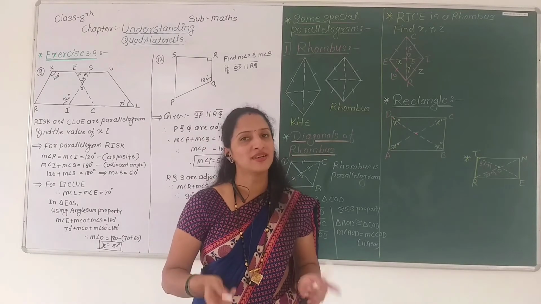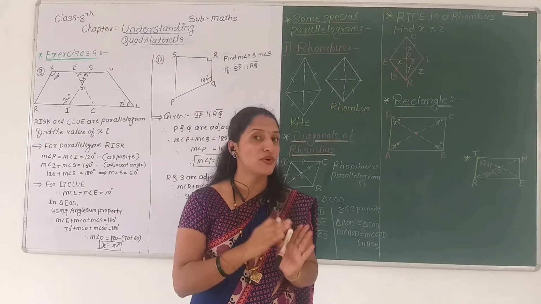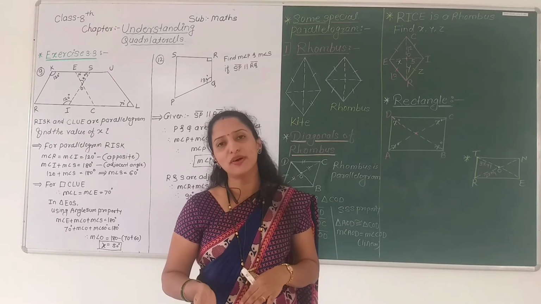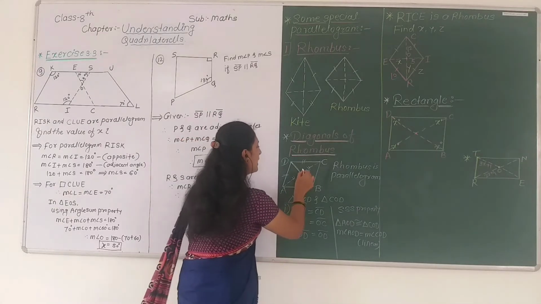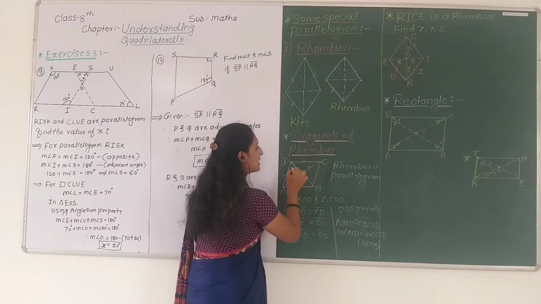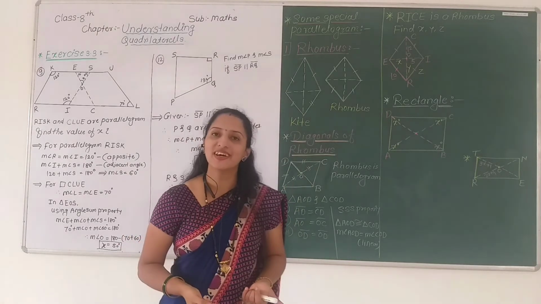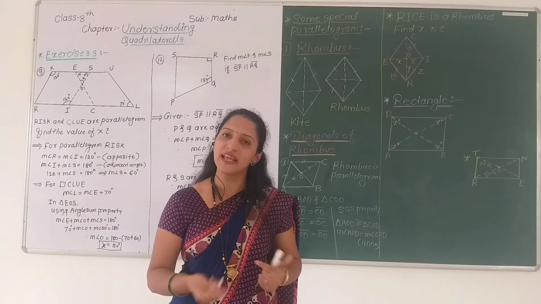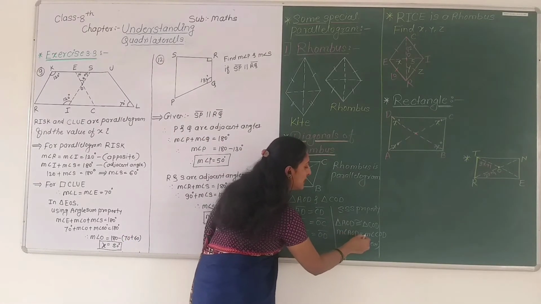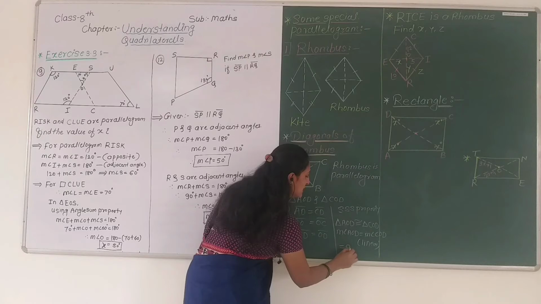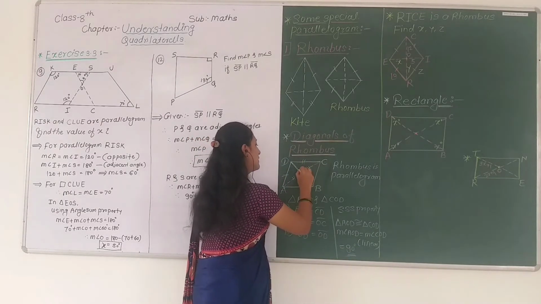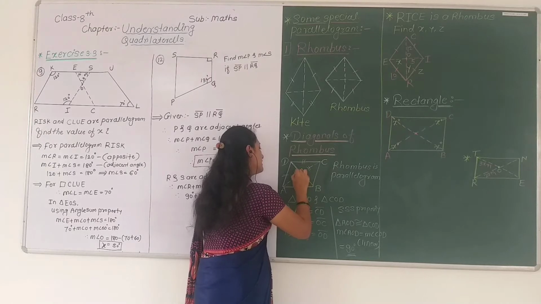That means the measure of angle AOD and angle COD is 90 degrees each, since they are the same and they are linear. So measure of angle AOD is equal to measure of angle COD, which is 90 degrees.